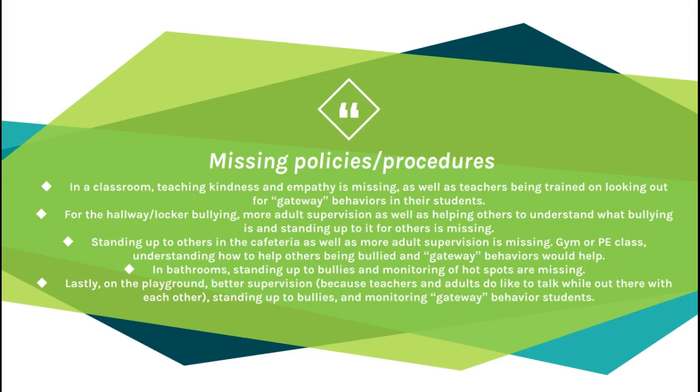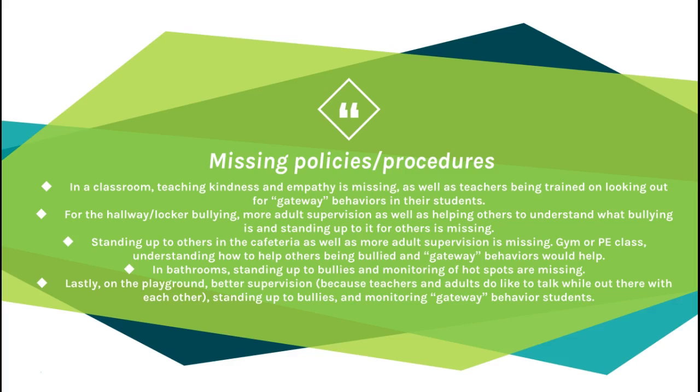Some policies and procedures that I think would be missing in these different areas as far as bullying in a classroom: I think teachers could teach kindness and empathy a little bit more, and teachers could be better trained on looking out for gateway behaviors in their students. Hallway and locker bullying, more adult supervision would help out, I think, and also making sure you help teach students what bullying is and how they can stand up to it, and how it is sort of their job to stand up for students who are being bullied and not let them get bullied in front of them.